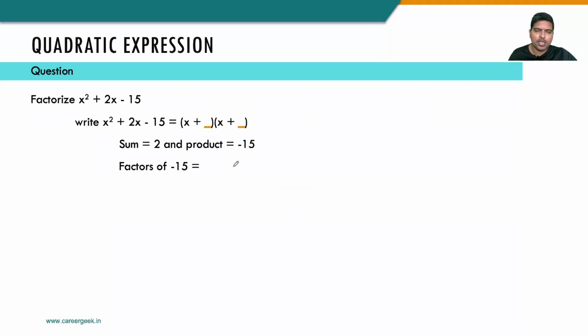Again, you can pause and try. The sum of a and b is 2. The product is -15. So let's find the factors of -15. -1 into 15, -3 into 5.